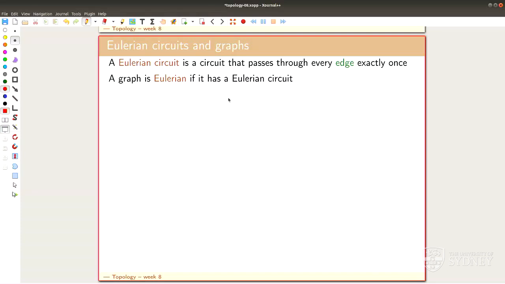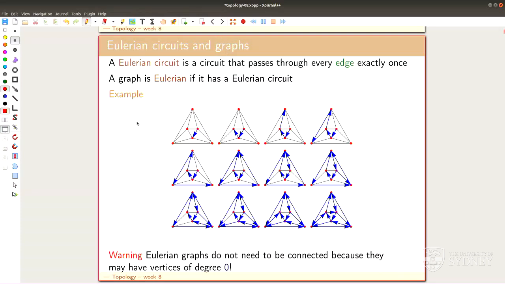But first, let's have a look at an example. Life is boring without examples. So here we go. If I have my little graph here, these are 12 pictures of the same graph. I made 12 pictures in order for you to see the path I've chosen here, and that it visits every edge exactly once.